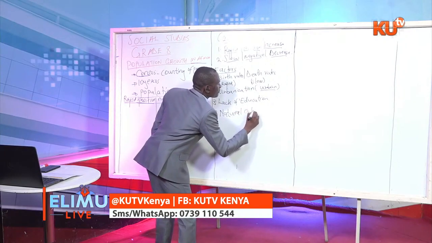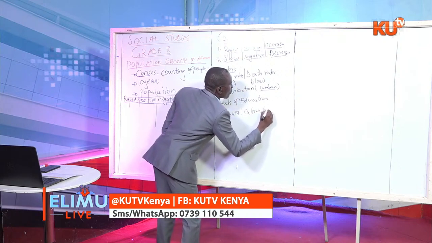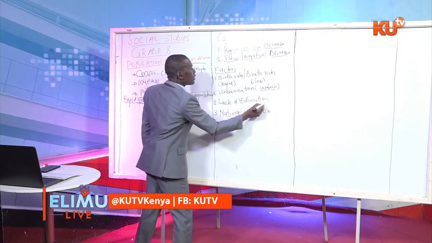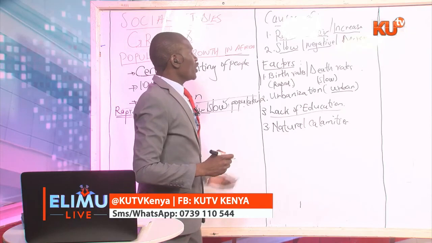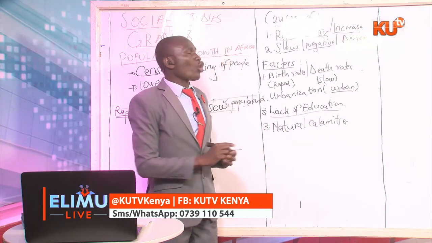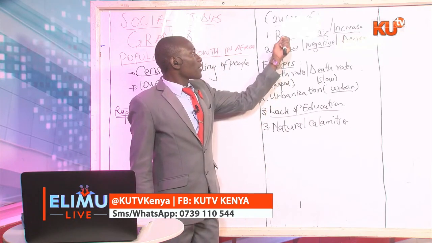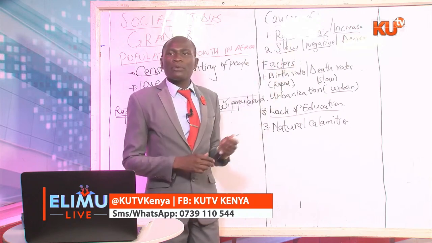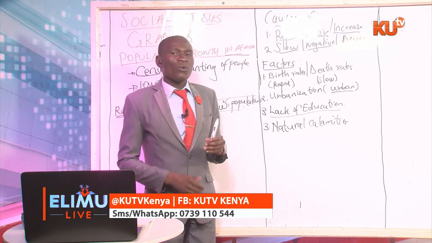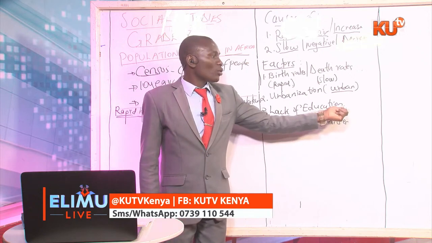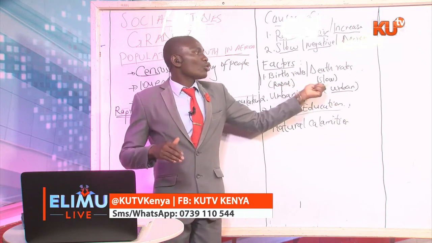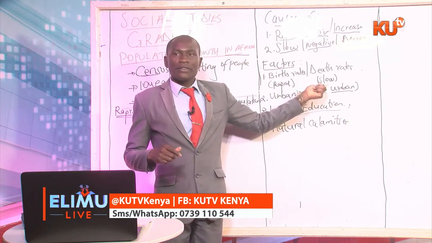And then lastly, we have natural calamities. So you see, when we talk about lack of education once again, it will have an effect on both rapid and slow population growth. How? When we have education, it leads to slow population growth.